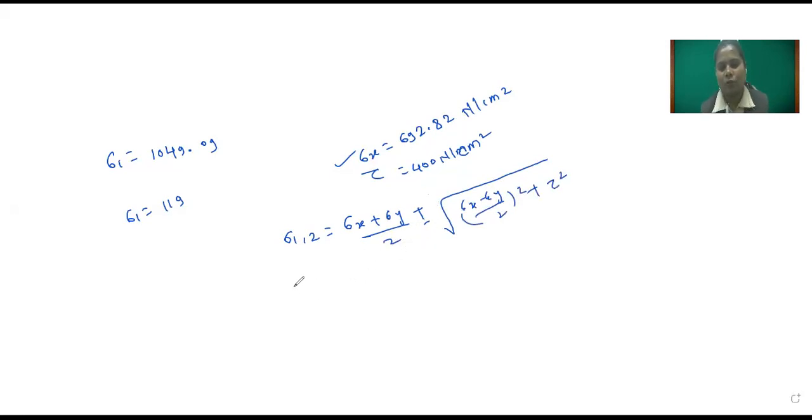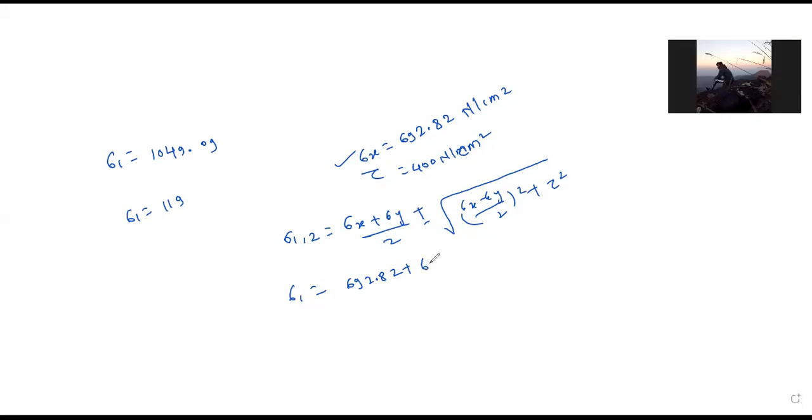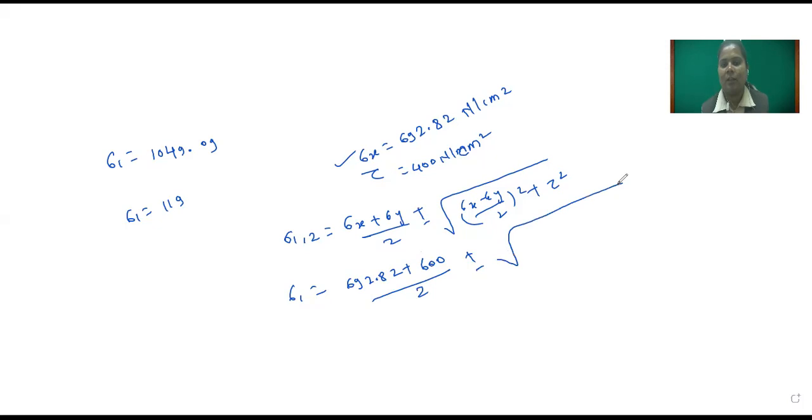So sigma 1 is equal to sigma x, which is 692.82, plus sigma y, which is already given as 600, divided by 2, plus minus square root of (692.82 minus 600 divided by 2) whole square plus 400 square. Now you calculate and tell me sigma 1.